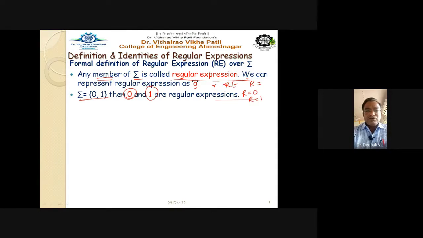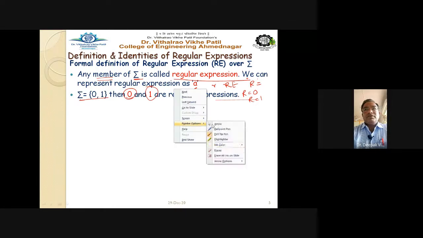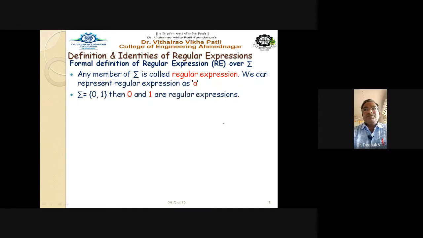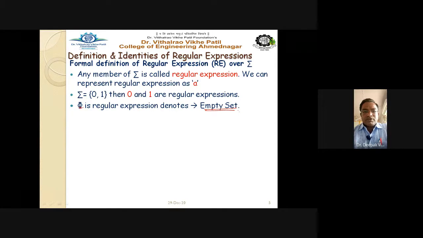Getting this point? We'll see one by one how to define regular expressions over the input set sigma. Next point is that phi is also a regular expression which denotes the empty set, meaning there is no symbol in it, as it is an empty set.